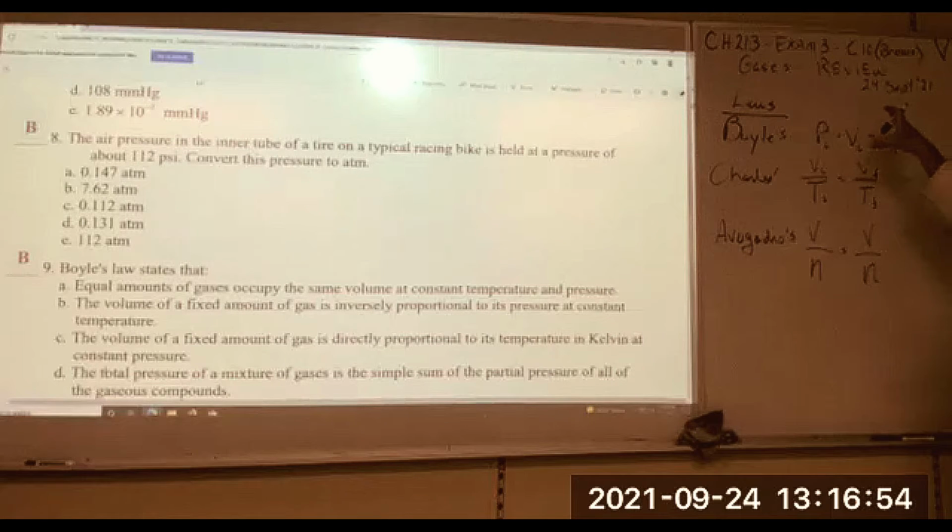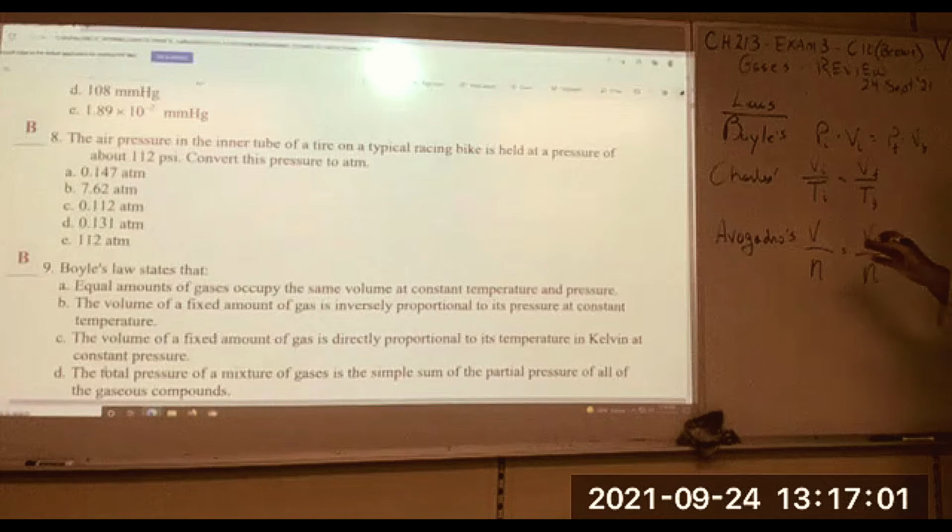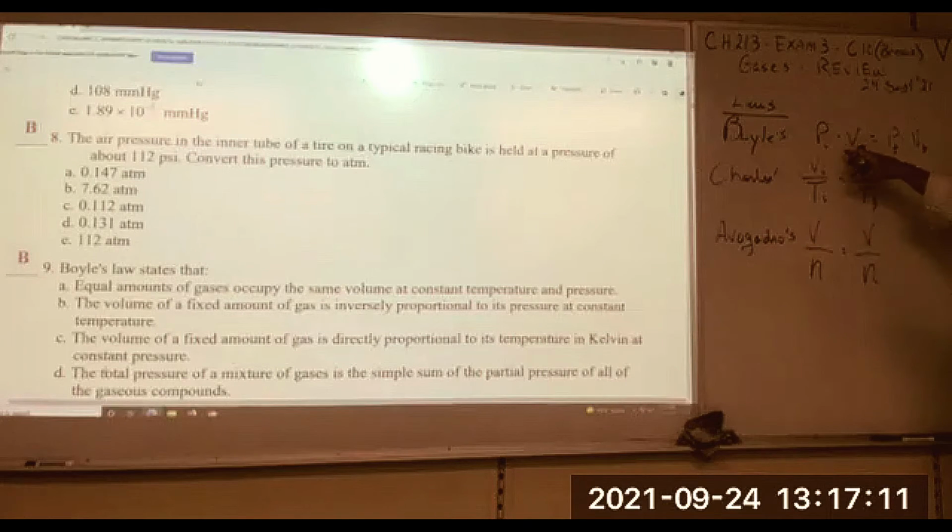So when you're using these formulas, it's probably a good practice to read the problem and extract from the problem conditions. First of all, identify whether it is a before and after situation. Right? In this case, if it's asking for the final volume, does it have two pressures and an initial volume? If it does, yeah, that's where you need to go.